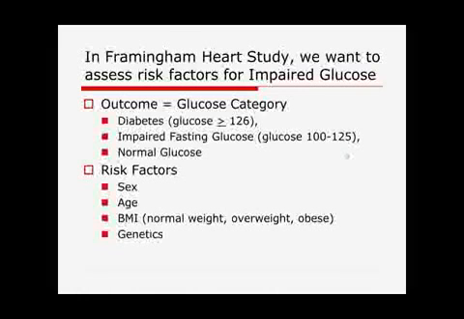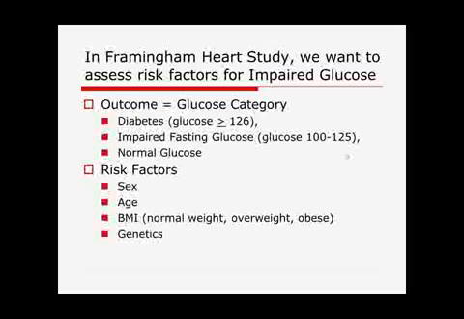So I'm hoping you're getting the feel for this a little bit. Let me give you a few more practice problems and see if you're feeling comfortable with it. So in the Framingham study, we want to assess, say, risk factors for impaired glucose. So let's suppose we look at an outcome of glucose category. We classify people as having diabetes if their glucose is greater than or equal to 126.